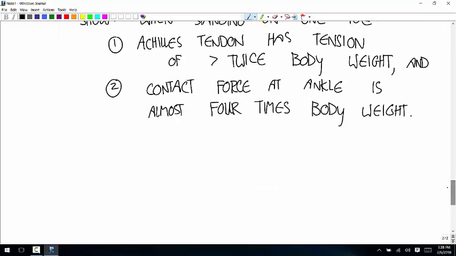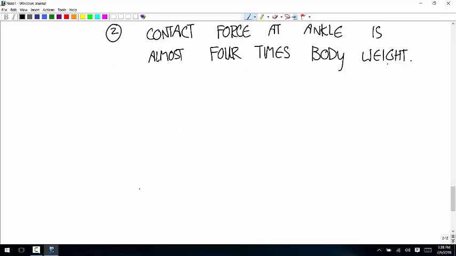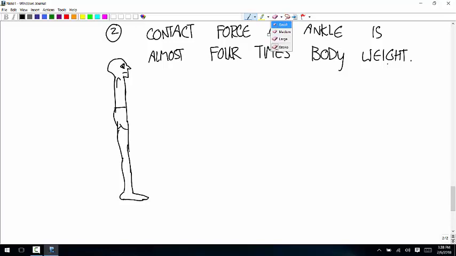Okay, so the way we're going to model the body is this. Nice legs. I forgot to leave room to make arms.